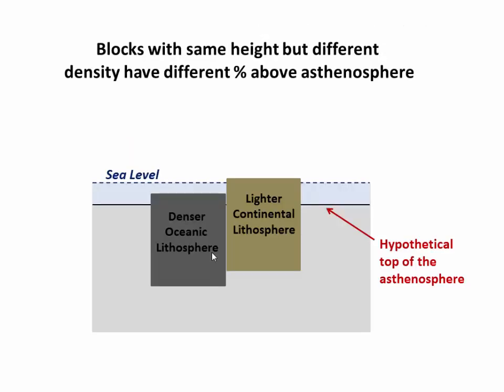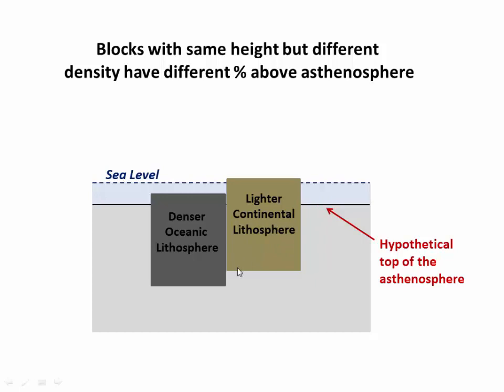Now in contrast, if blocks have the same height but have different densities, we would predict them to have different percentages floating above the asthenosphere. So in this example, we've got a piece of dense oceanic lithosphere and a piece of lighter or more buoyant continental lithosphere. Okay?